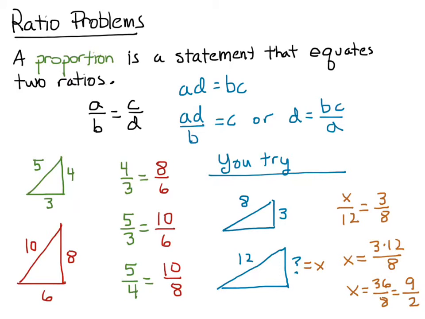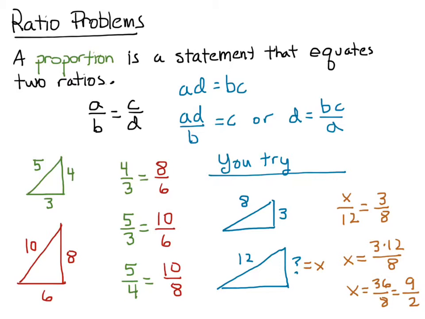So this is what you did: 8/3 equals 12 over whatever variable you used, x. It's just a little bit more work to solve that than when the x is in the numerator, because you want to cross multiply. 8x equals 3 times 12, and then x equals 3 times 12 divided by 8, which is the same calculation that I did.